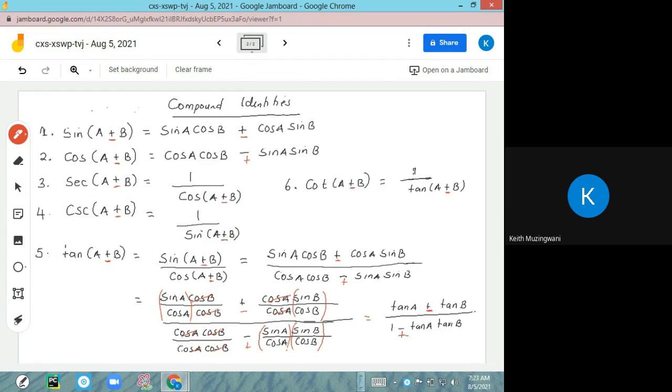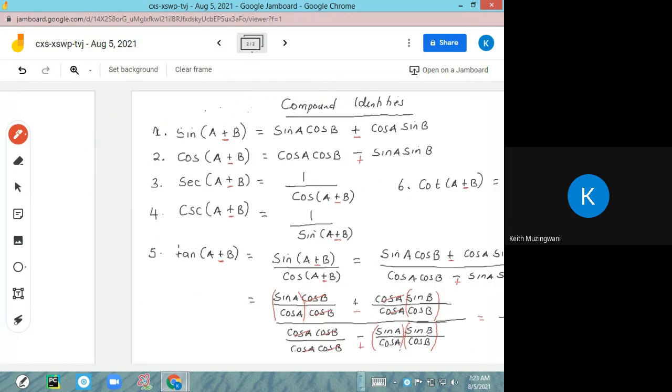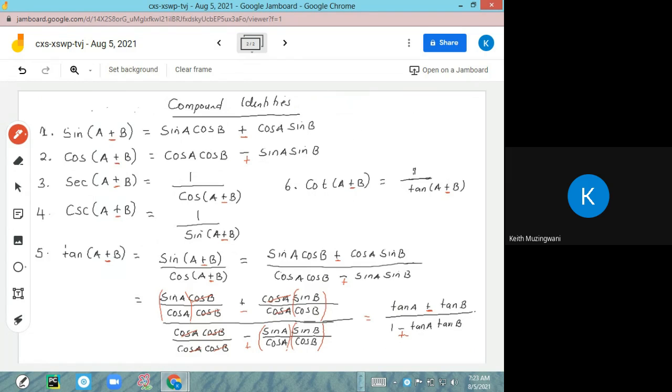These are the only compound identities that we have, but there's so much from these. We can generate so many identities using these 6 by 2, 12 identities, plus the most important one, 13 altogether. So many can come out of these. So now we deepen our study of these very identities.